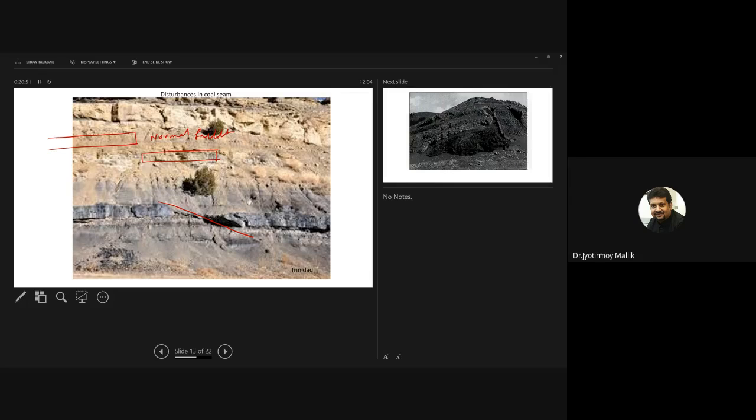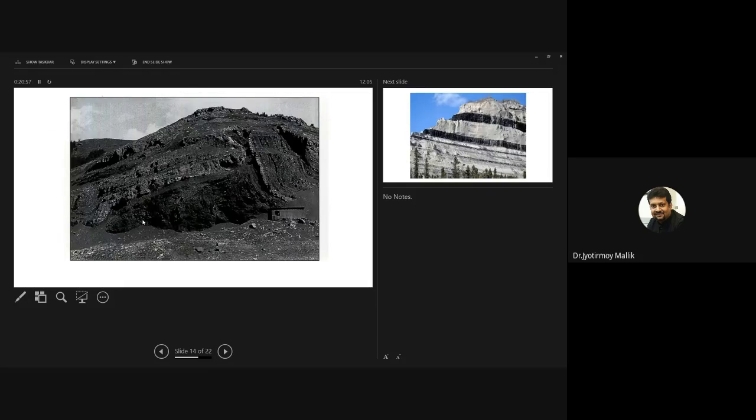This is a typical normal fault which has displaced the coal seam. Here the coal seam is extremely deformed, as you can see. If I draw the outline of the coal seam, you can see it's extremely deformed: folded, faulted, thrusted.